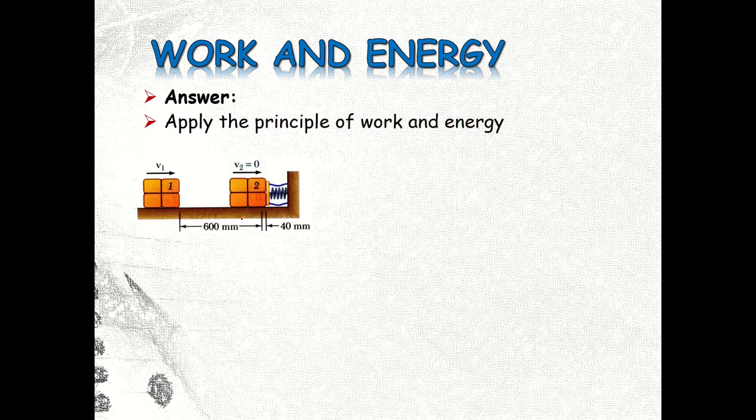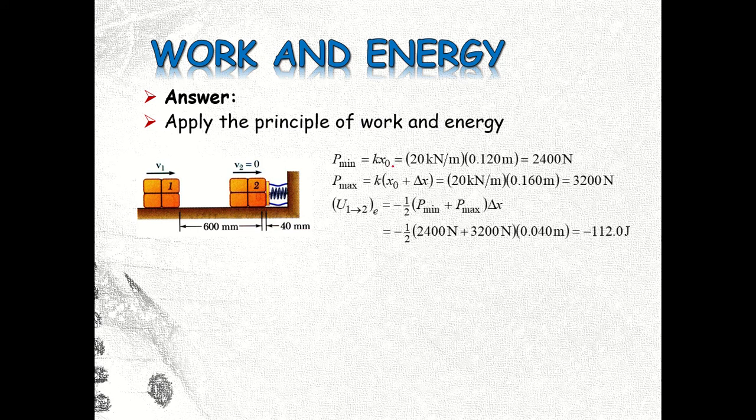So again, we have here V sub 1, V sub 2 is equal to 0. We have here the P minimum, the force needed to make this package move. So we have the minimum force that is equal to the product of the constant, coefficient k, multiplied by x sub 0.